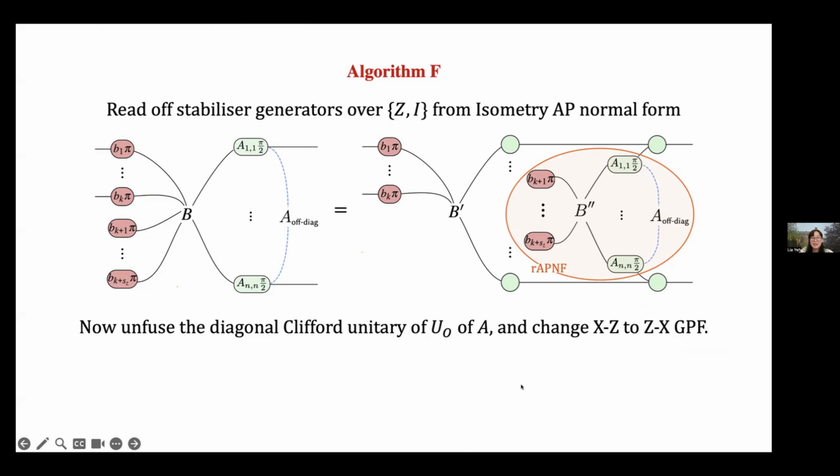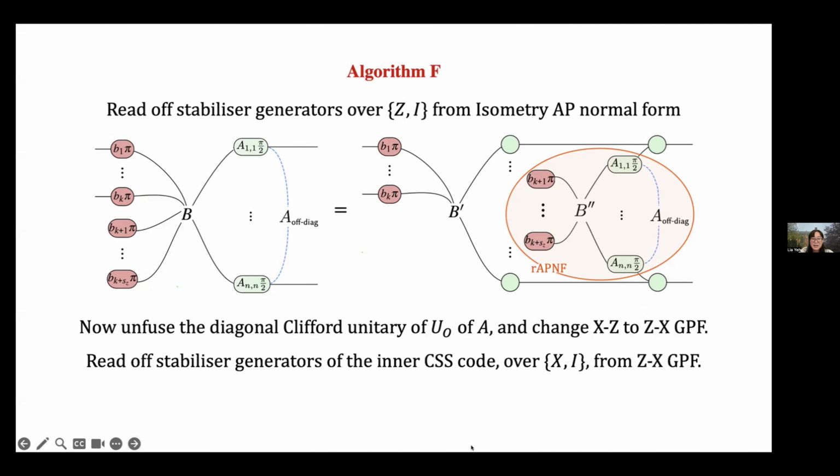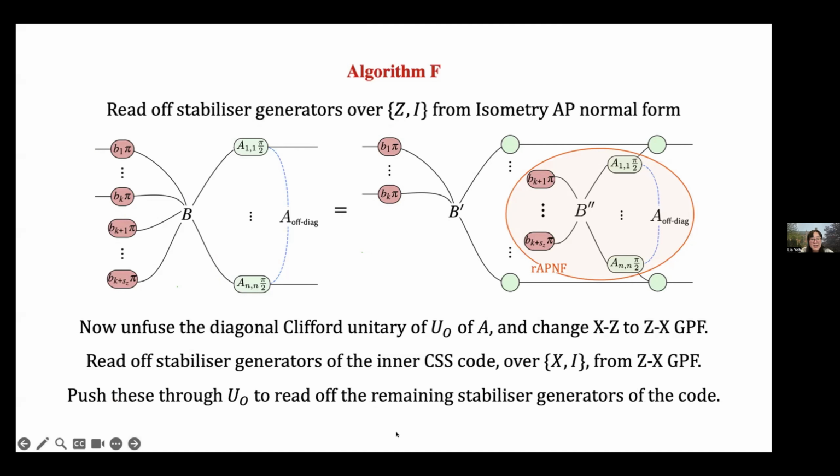This gives the CSS code's complete stabilizer tableau. Then all you have to do is read off the stabilizer generators over X and I from Z-X GPF, and then push these through U_O, which is U output. The U output is this diagonal Clifford unitary.